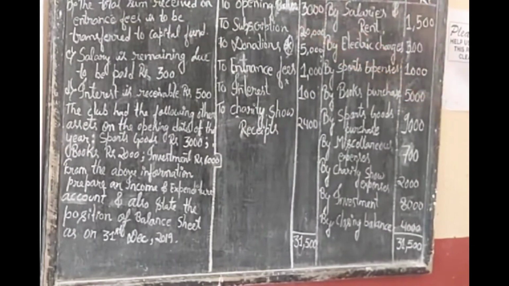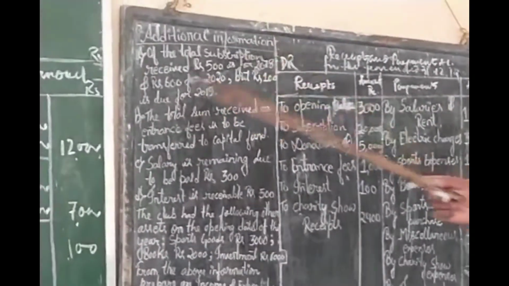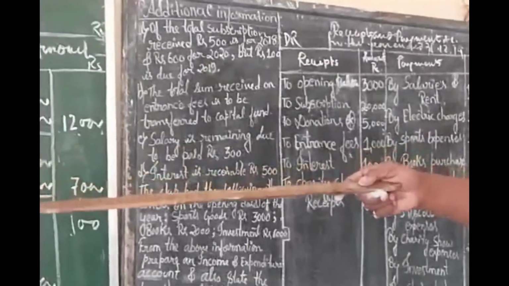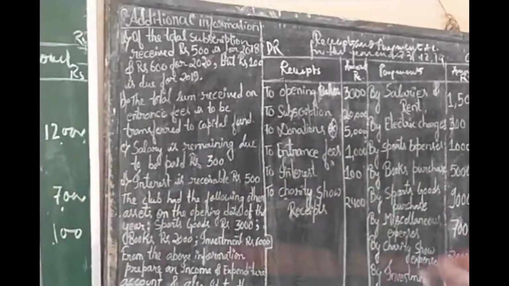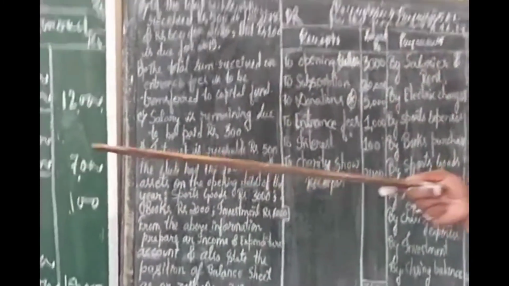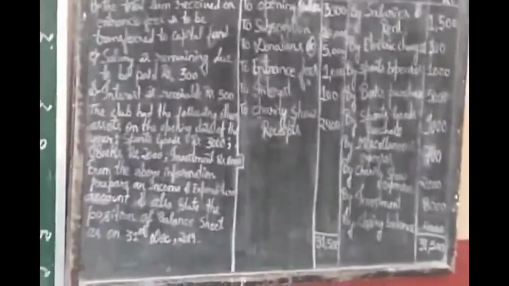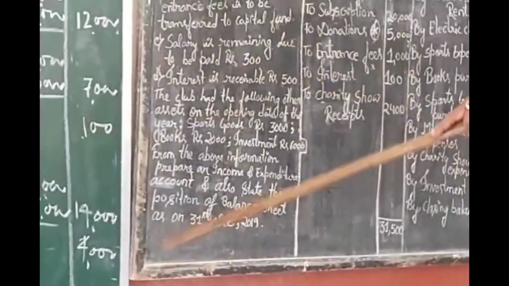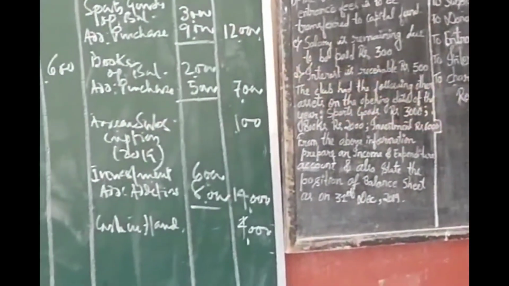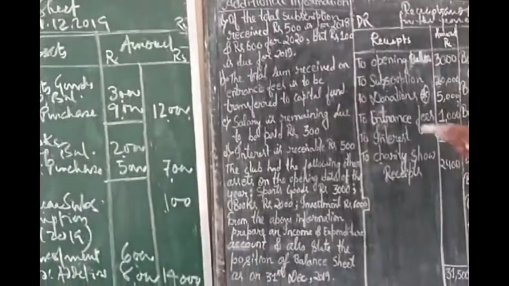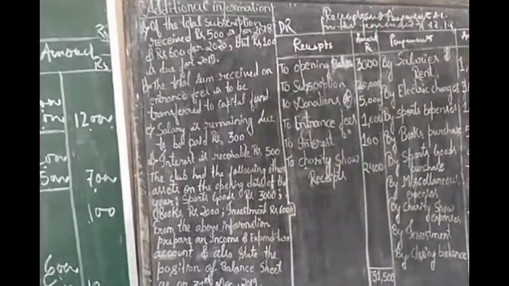Subscription 20,000 has gone over there. Now of the subscription, total 500 for 2018 was our opening asset, because you gave the service but did not receive the amount. But this year, in 2020, you have received rupees 600, for which you have given no service.